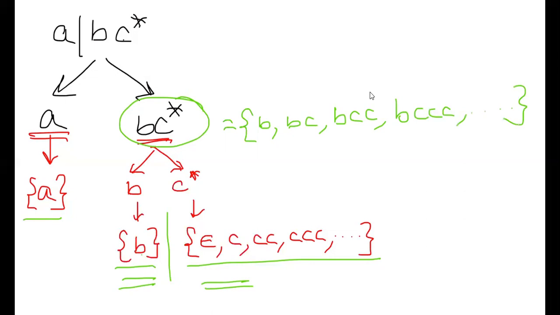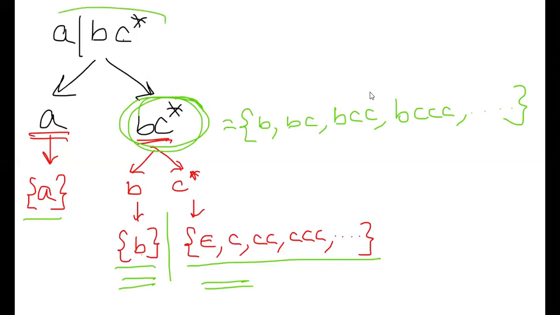That means this regular expression gives me a string starting with B followed by 0 or more C's. So I got the set for BC star, and I also got the set for the regular expression A.